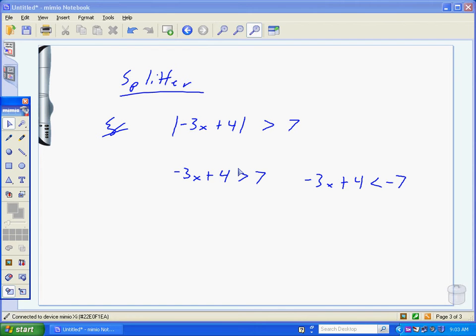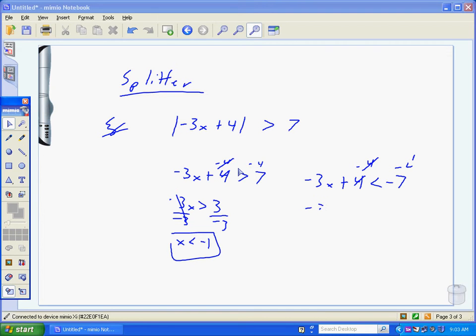Solve each side. So minus a 4 here. I get -3x greater than 3. What's going to end up happening here, grade 11s? I'm going to flip that inequality, because I'm going to divide by a -3 across the inequality. So I get x is less than -1. Okay? And over here, it's going to do the same thing.